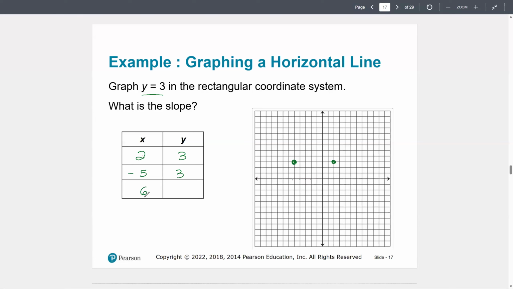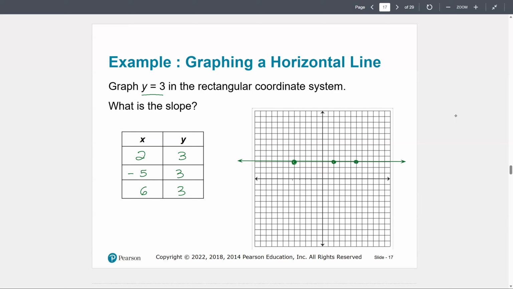Let's say x is 6 then. What choice do I have for y? Well, I only have one choice, which is 3. So no matter what x is, y has to stay 3. So what we see here is that the only thing we can get is a horizontal line.